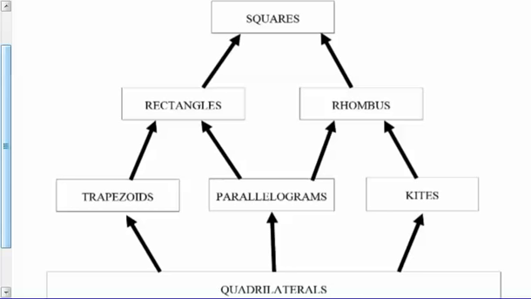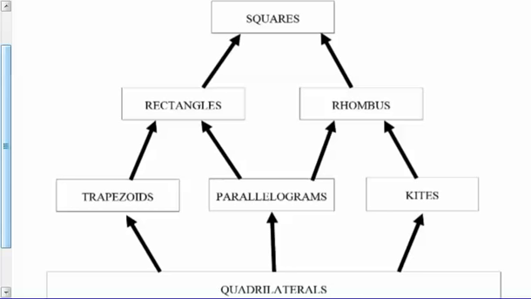There are no properties of parallelograms that a rectangle does not have, so you can call a rectangle a type of parallelogram, right? So a rectangle combines the properties of trapezoids and parallelograms together to become a rectangle. The same thing as a rhombus combines the properties of parallelograms and kites together to form a rhombus, right?